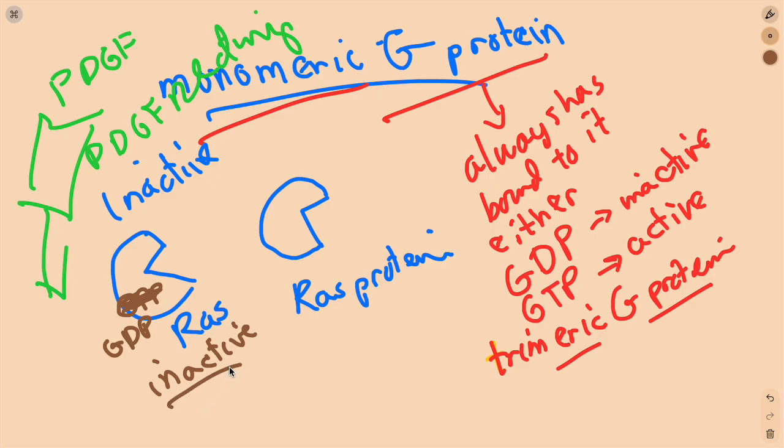And we're going to activate it, and when we activate it, we're going to exchange. The activation involves just exchanging, so it's going to let go of GDP, and it's going to replace it with GTP. So it's an exchange.